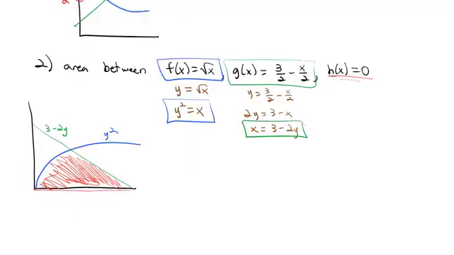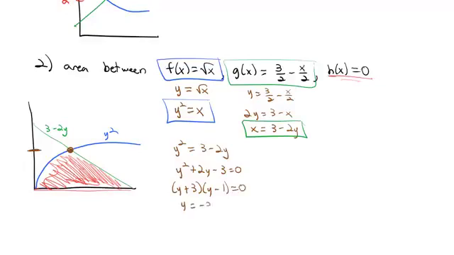We still need to figure out where they intersect. We know they intersect when x is equal to 1, but we don't know what y equals necessarily yet. So let's set them equal to each other. y squared equals 3 minus 2y. We'll add the 2y and subtract the 3. We'll factor to y plus 3 times y minus 1.